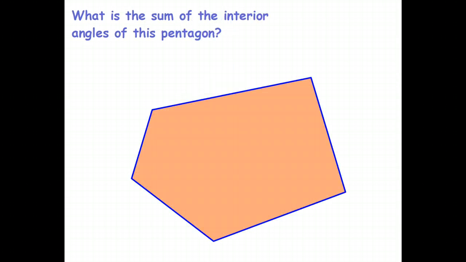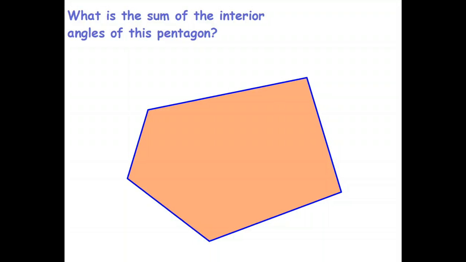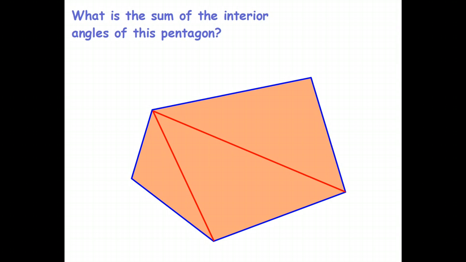Okay, let's have a look now at a pentagon. So get my straight line tool. Now this one I can actually divide into 1, 2, 3 triangles. Now, each of those triangles has an angle sum of 180 degrees. Let me get a different colored pen here.